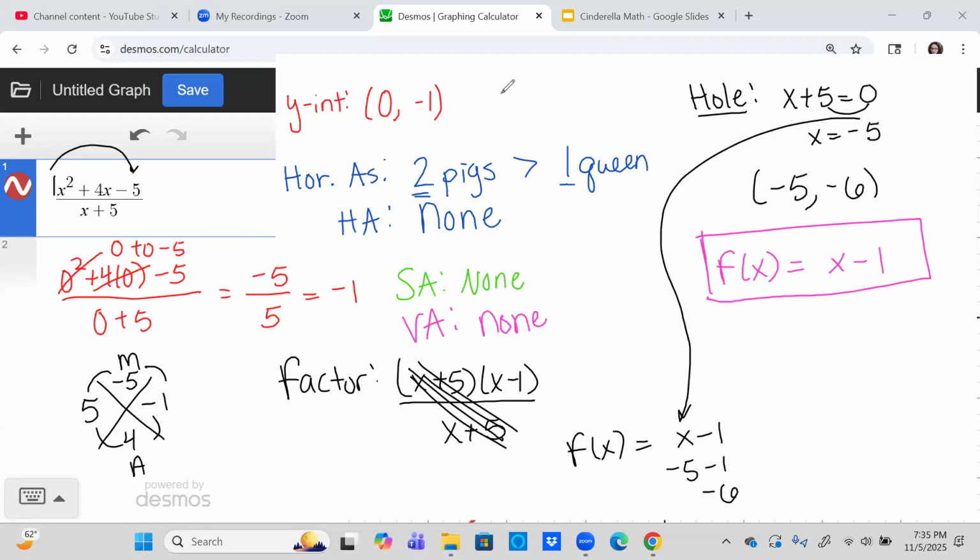And the final thing we can probably do from this is the x-intercept. The x-intercept is the top, which x minus 1 was the top, set to 0. Move that over, so x is 1. That's our x-intercept. Okay, now let's take all that info and graph it.